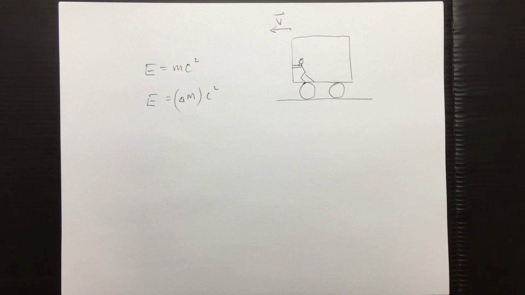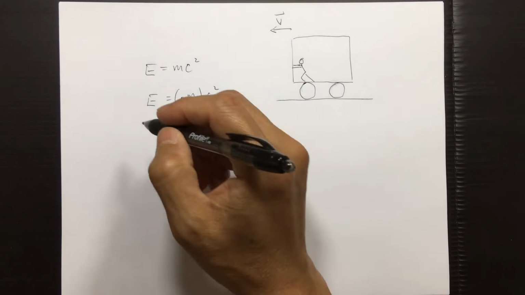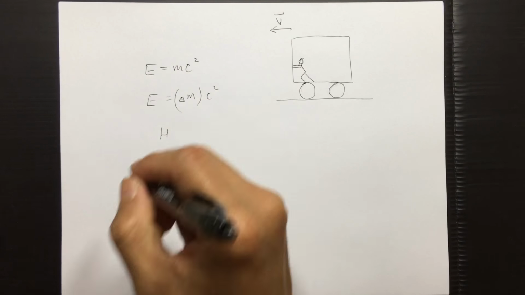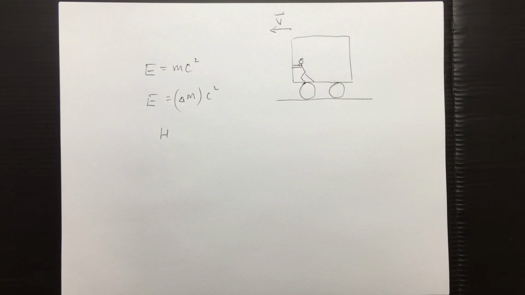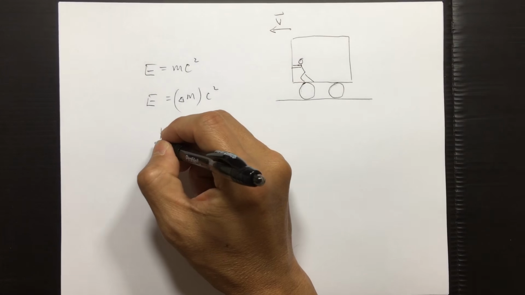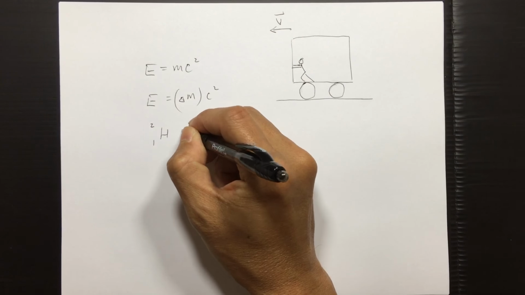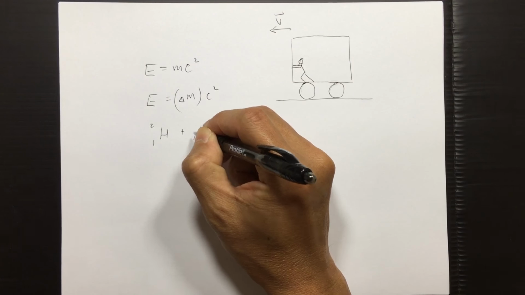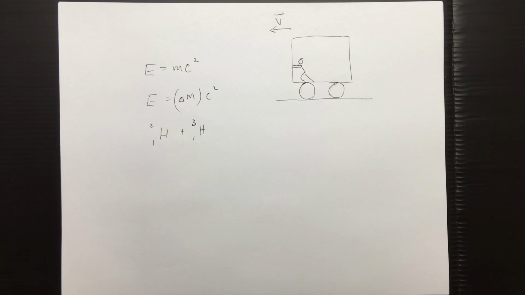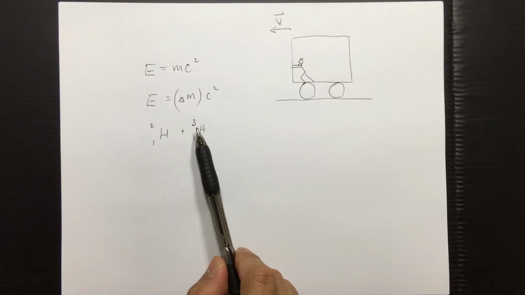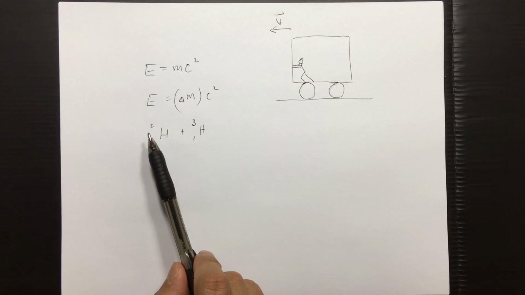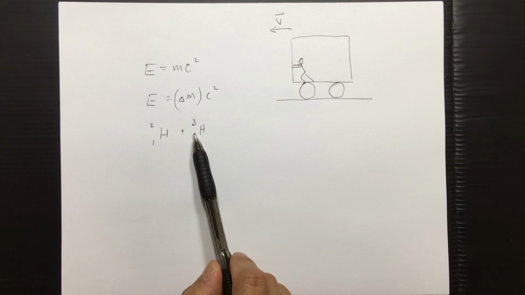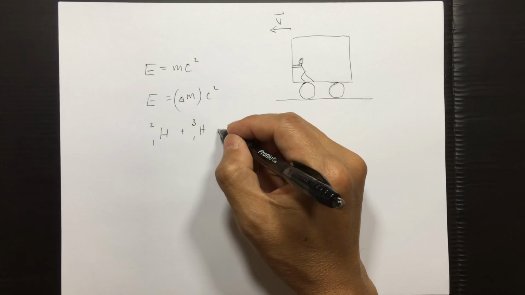For instance, a hydrogen normally has just one proton. But there are hydrogen that has two neutrons and hydrogen that has three neutrons. I think hydrogen, this is two, three, that goes into a helium.